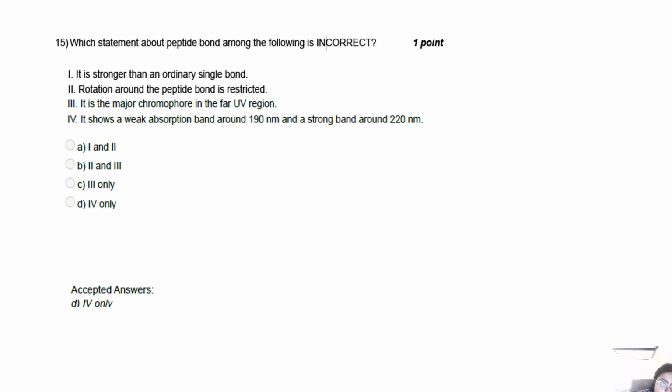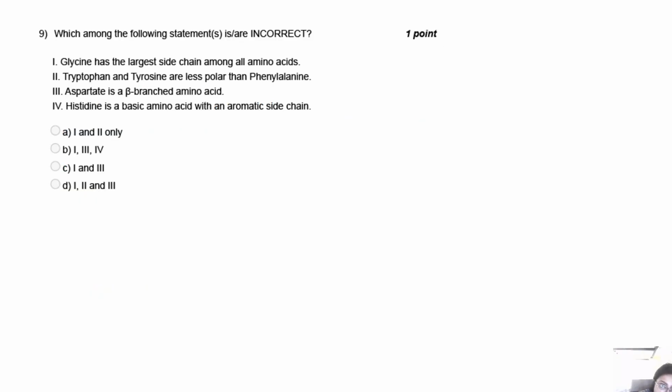Okay, so coming to the next question: which among the following statements is or are incorrect? Glycine has the largest side chain among all amino acids. Tryptophan and tyrosine are less polar than phenylalanine.